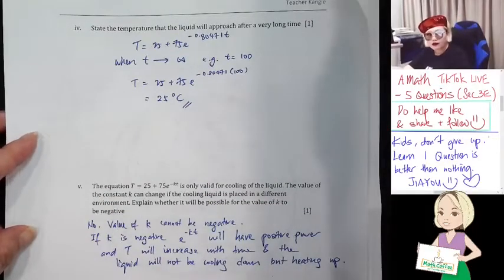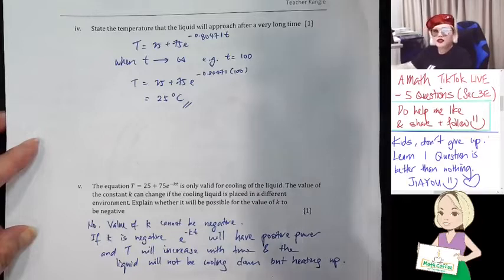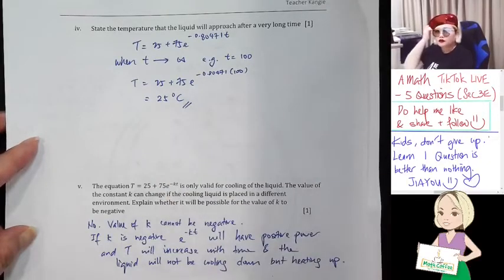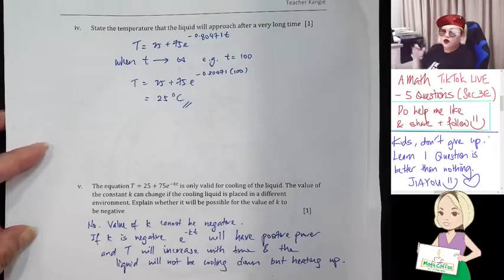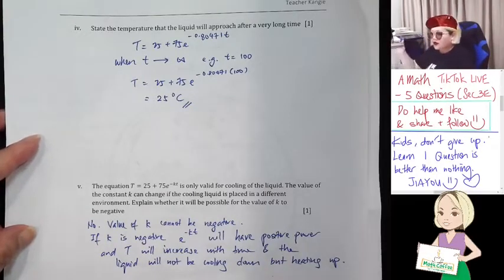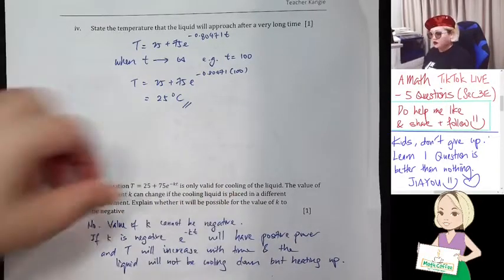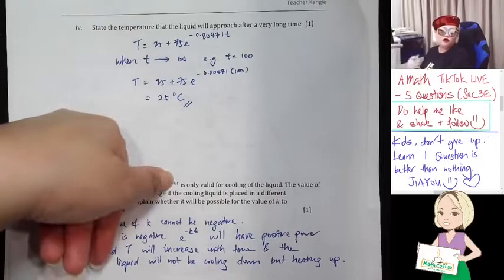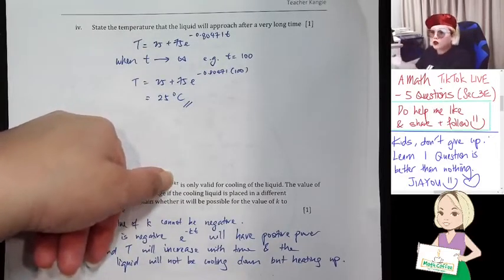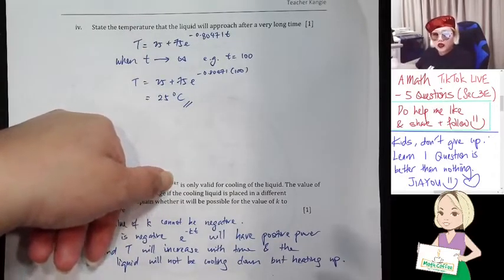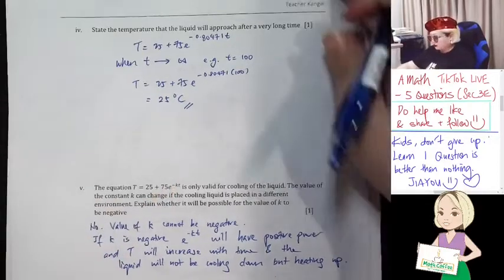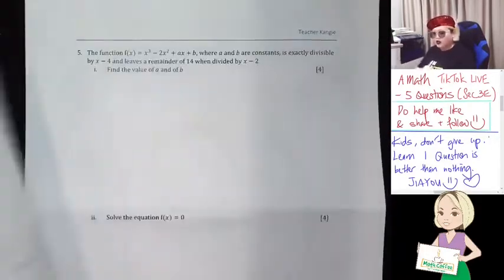But this formula is only valid for cooling down. If you put it in an environment that is hotter than the liquid, then your K will have to change, and the formula will not be this formula. You can just remove the minus in the new equation and use a positive K. Understand? Okay, let's move on.